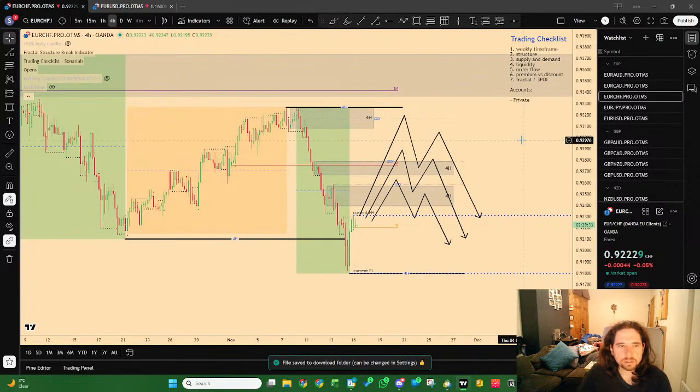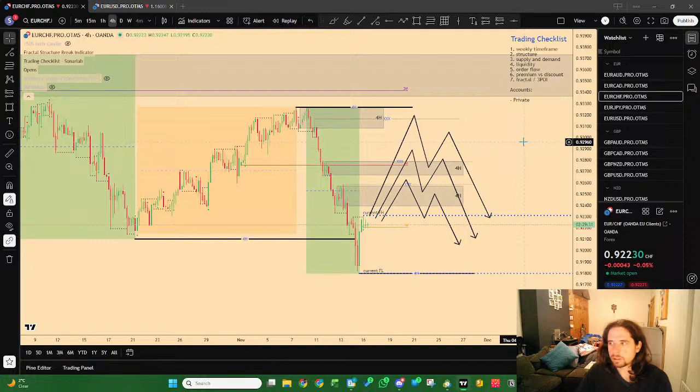So these images, what I'm going to do is put them on the Discord channel. The Discord channel, you can get the link in the description. I'll put them on the Discord channel, just for your information.